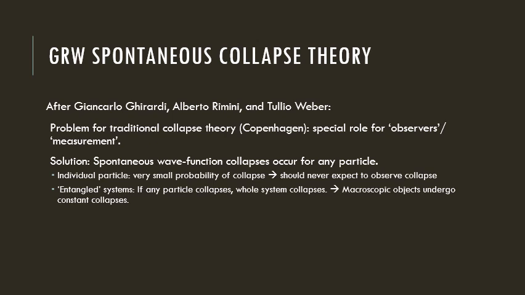And so ordinary macroscopic objects, you never expect to see them in a superposition for any noticeable time period. They're going to constantly be in definite states. And so that's supposed to explain what we observe. The fact that you can get these apparent superpositions when you're dealing with small numbers of particles, but ordinary macroscopic objects are always observed to be in definite states.